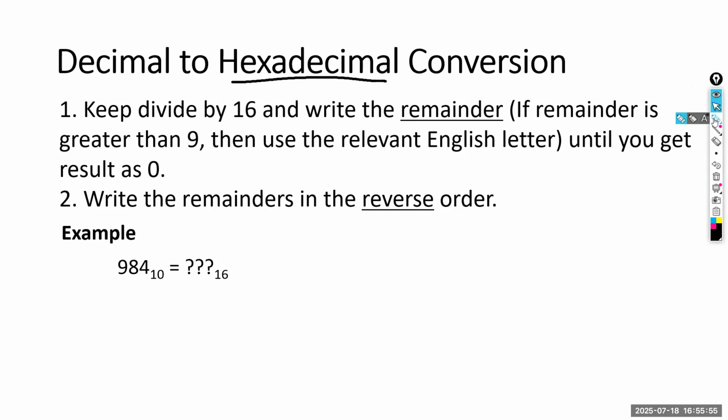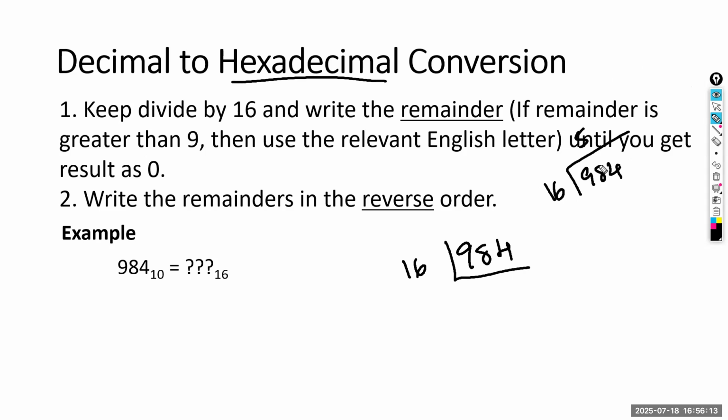984. So how do you do that? Keep dividing by 16. Let's do it here. 16 into 984: 6 into 6 is 36, 3. 6 plus 3, 96, yes. Then 24, 1, 8 remains. So 61, 8 remains.